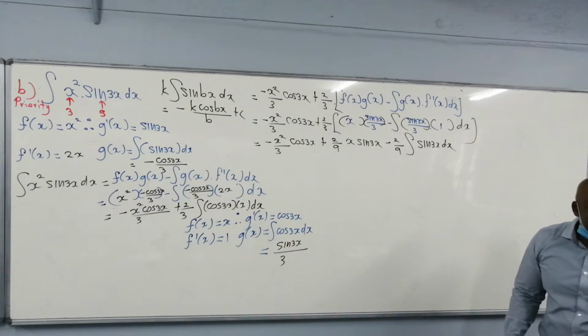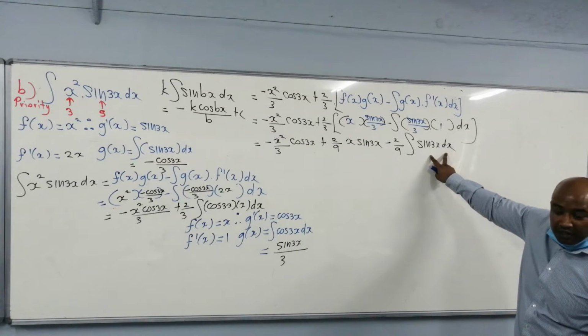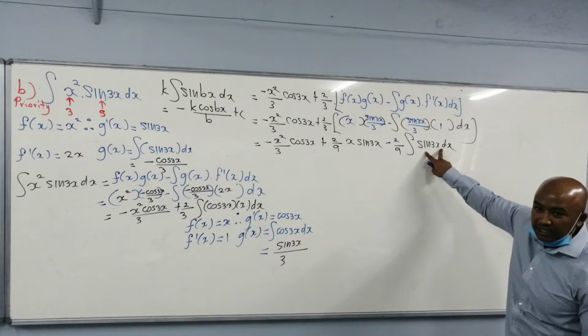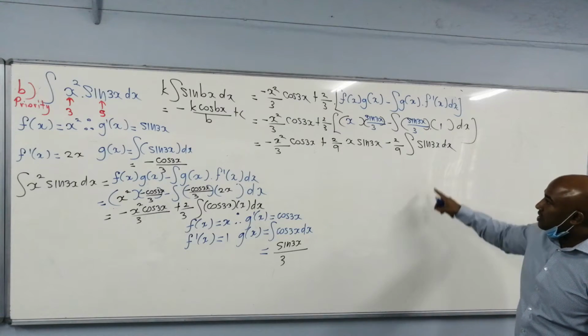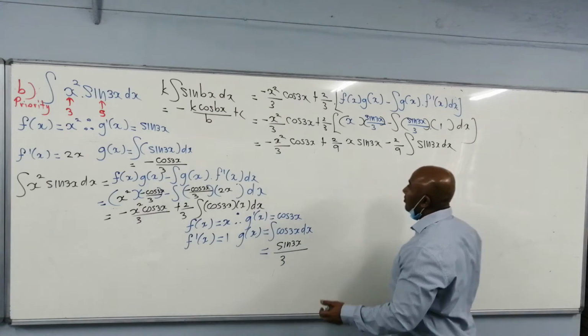I remove the brackets. Every time I remove the brackets, focus on the integration part. Do I need to use integration by parts again here? No, this is straightforward. There's the formula to integrate it. You can see that.